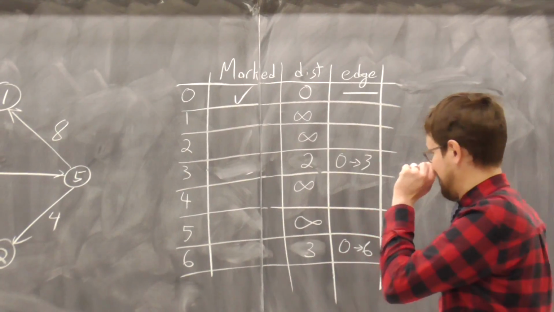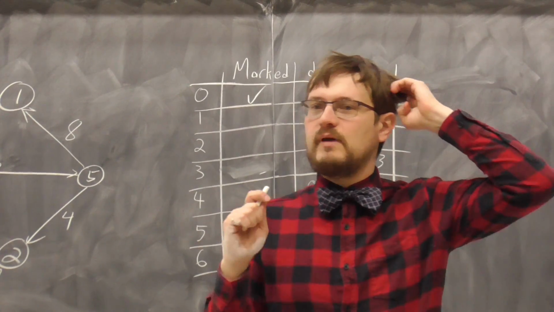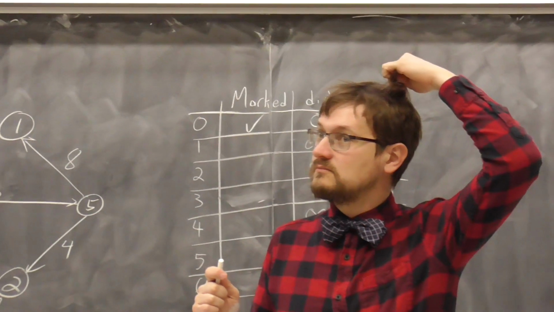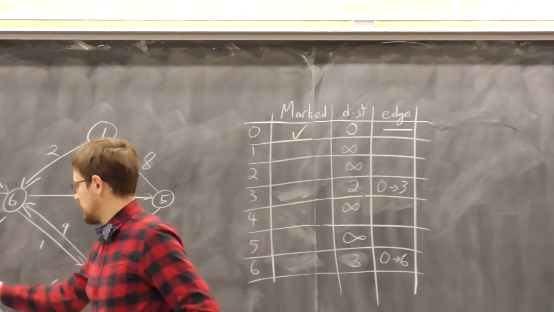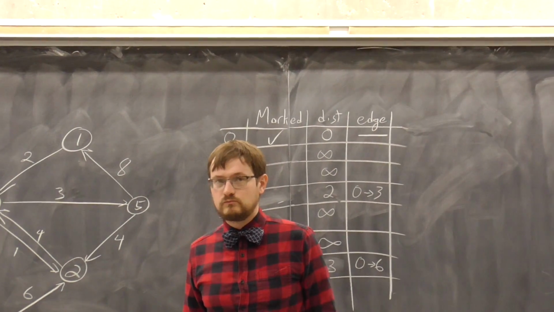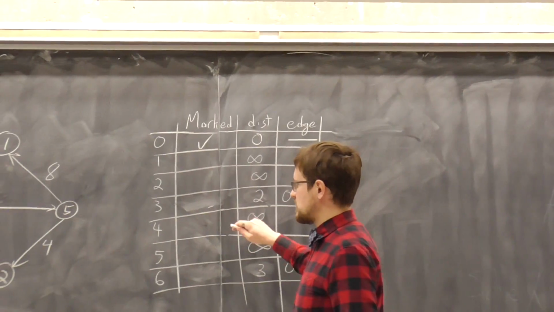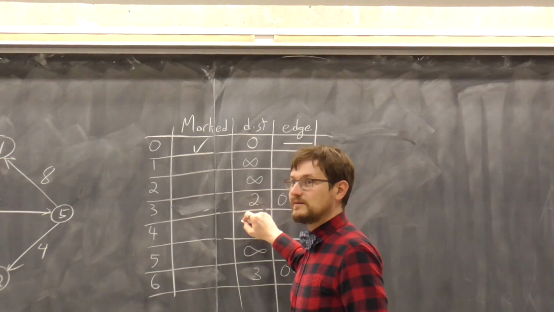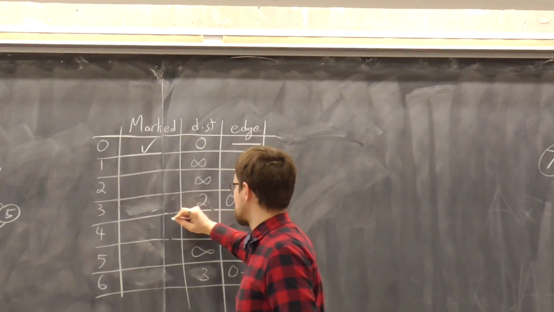Now, the next one we go with the minimum vertex that has not yet been checked off, which is 3. Very good. What do we got for adjacency? We've only got 4. Distance to 4 is 9.